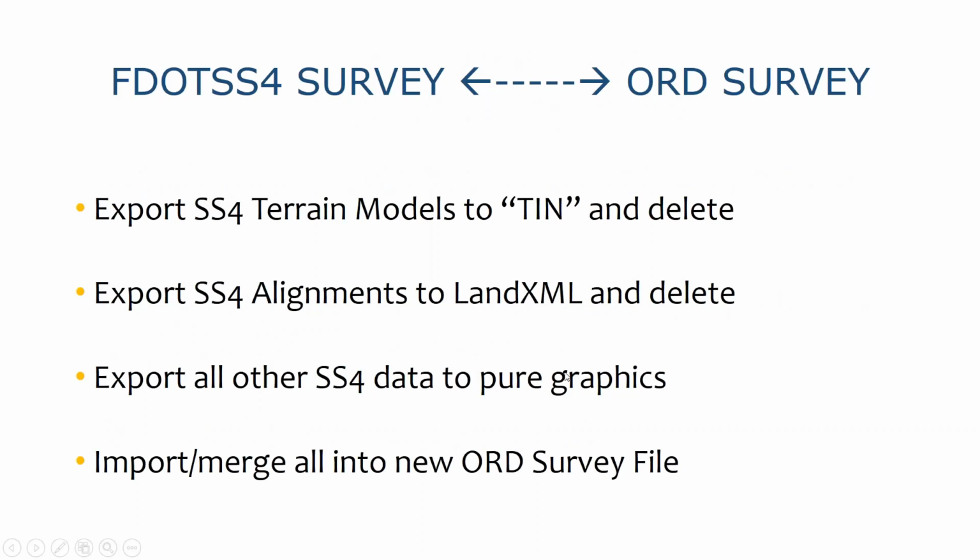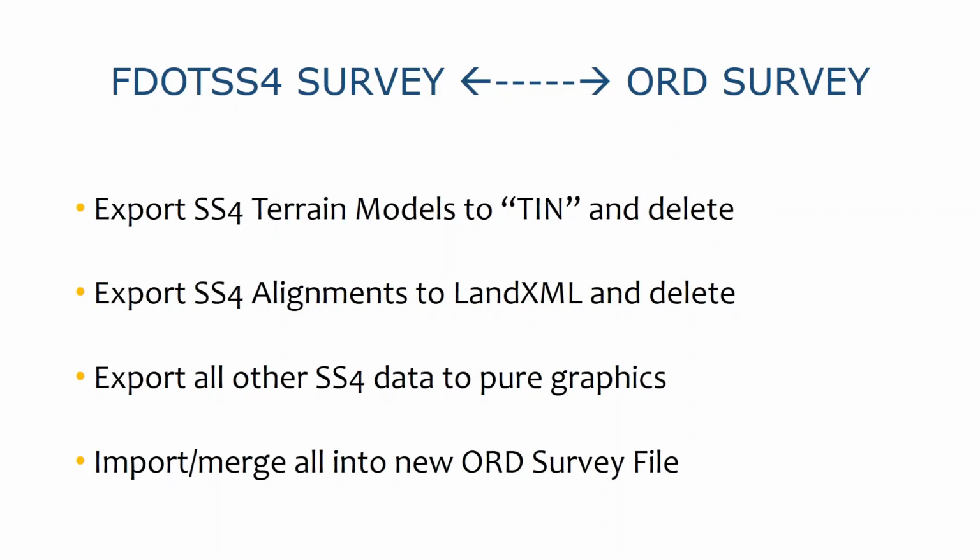Okay. Also, I wanted to have a word about the difference between an SS4 survey and an ORD survey. If I've mentioned this before, of course the CAD support policy is if you start a project in SS4, you need to finish it in SS4, and vice versa. So with an ORD survey, you can't go back to SS4, and that is largely true with surveys, but you can do some things to get that data back and forth, and that's to get the terrain model out of the file and to get any alignments out of the file.